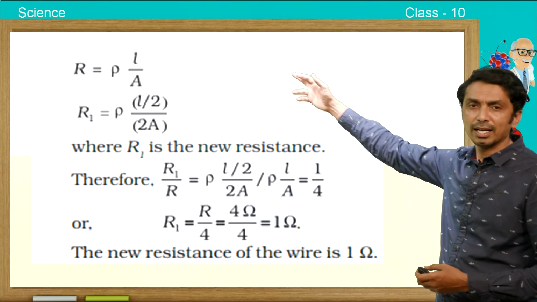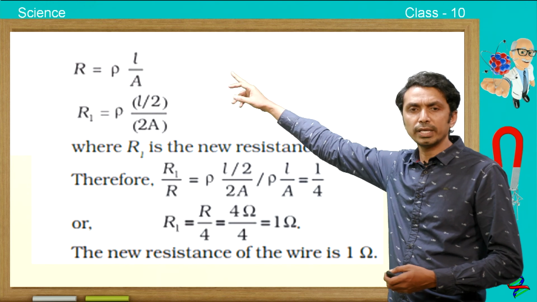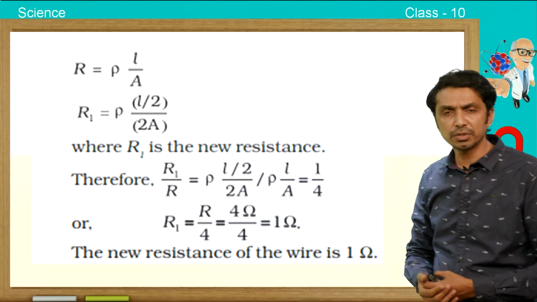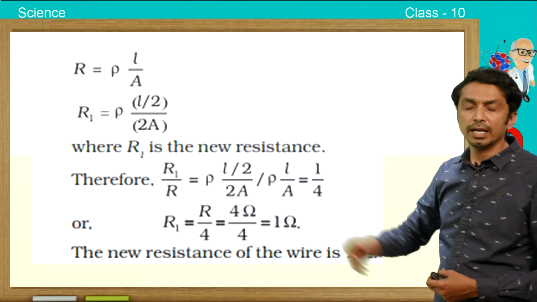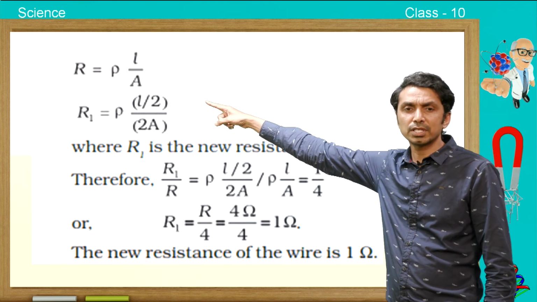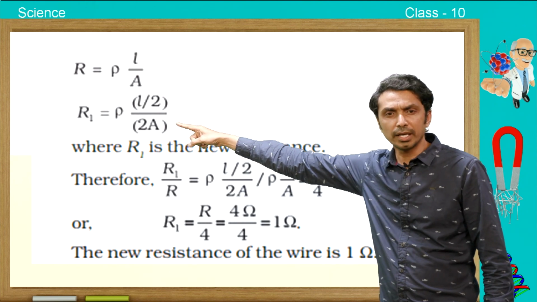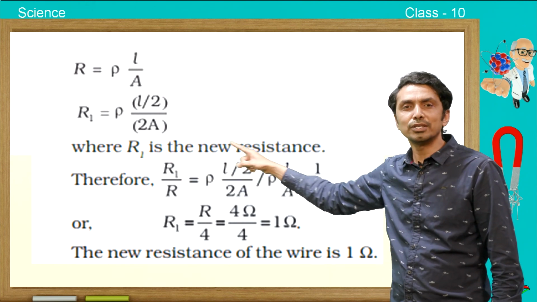Look here children, R is the resistance that we are finding now. Rho L by A is the equation for resistance, and R1 is the new resistance where we have changed the length to L by 2 and area of cross section to 2A.